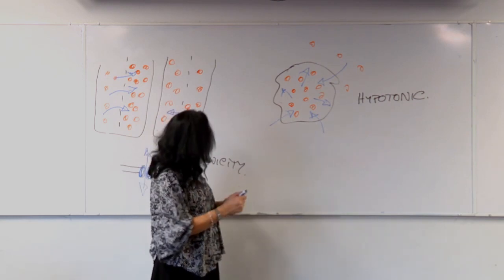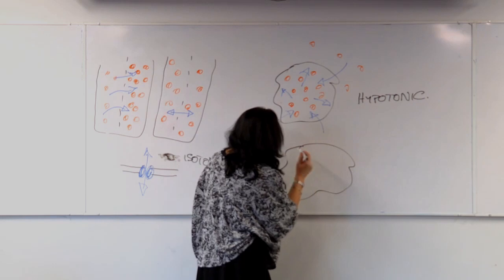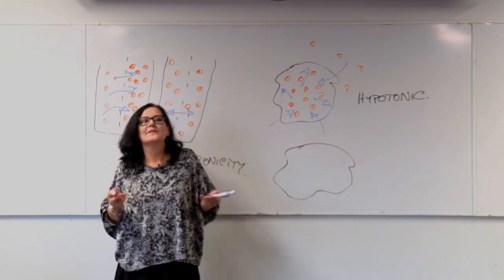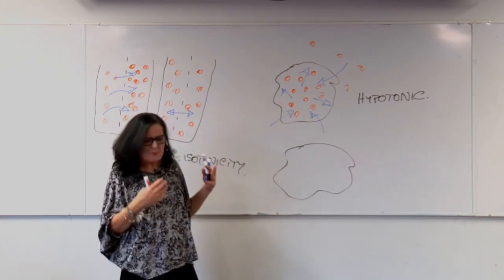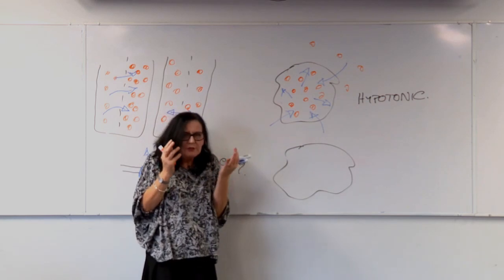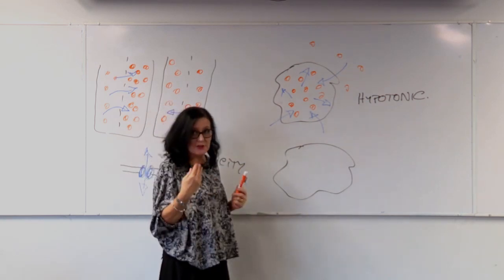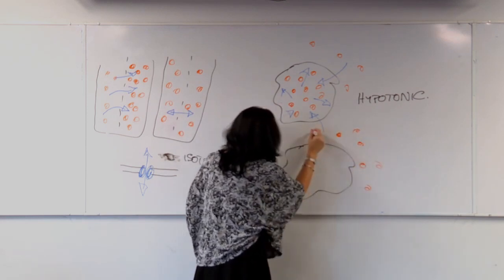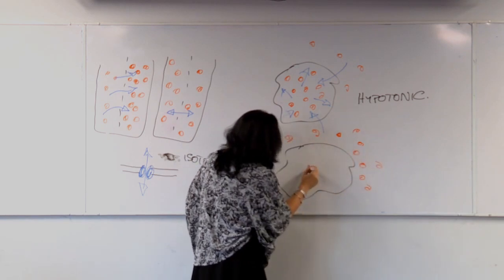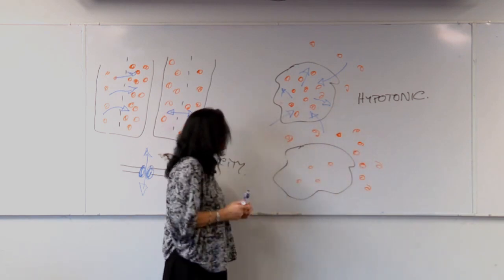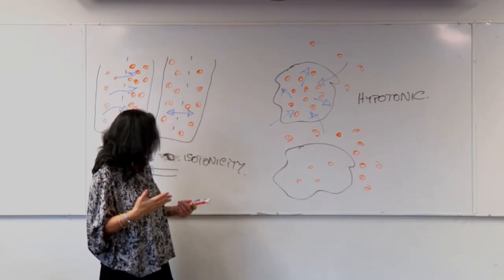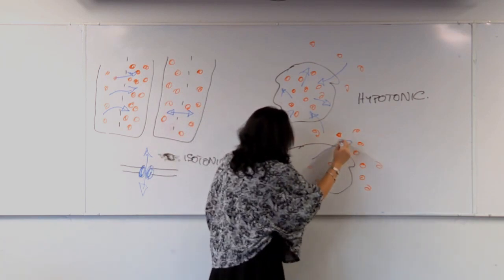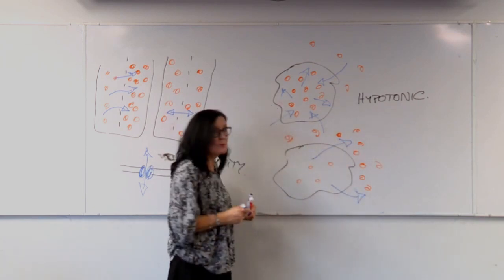Okay, so let's look at the alternative. If we have a cell, and say, for example, we haven't had a drink, the extracellular compartment gets more and more dehydrated, lots of solutes, very concentrated. In the extracellular compartment, lots and lots, only a few in the cell. What's going to happen? The opposite. So water is going to move from inside the cell into the extracellular compartment.